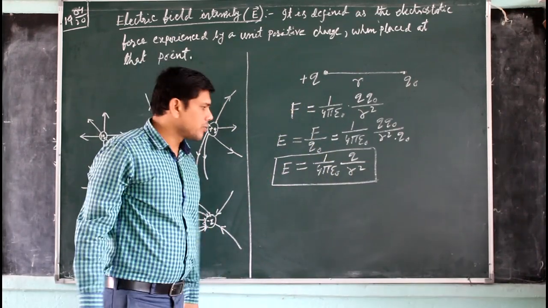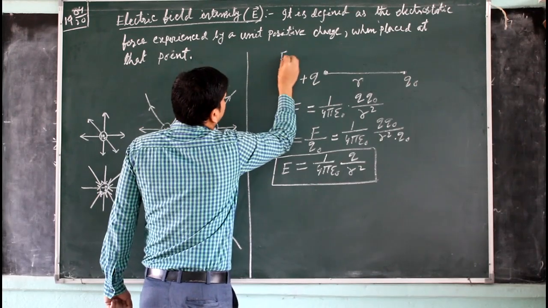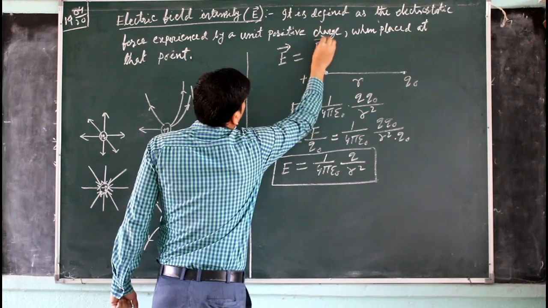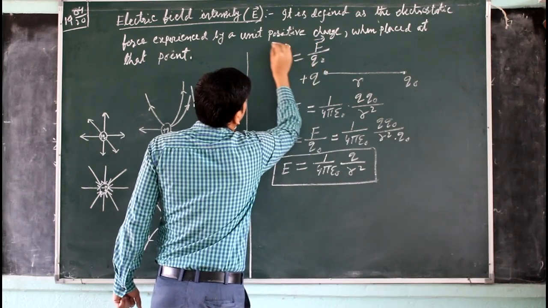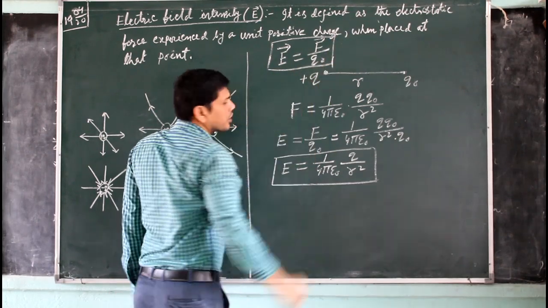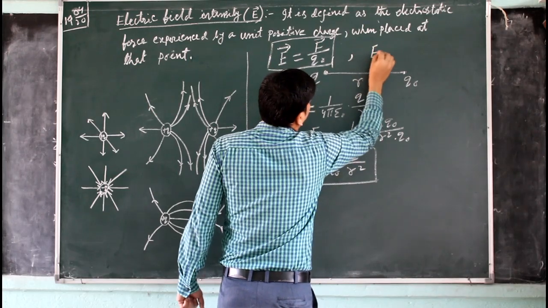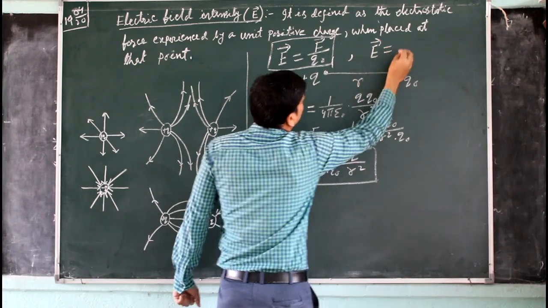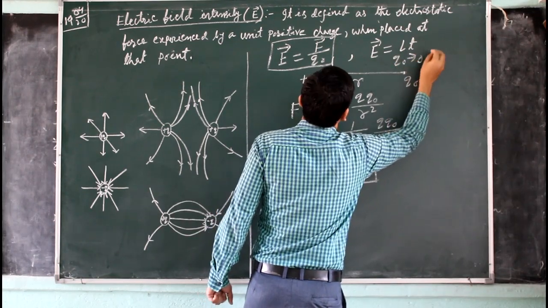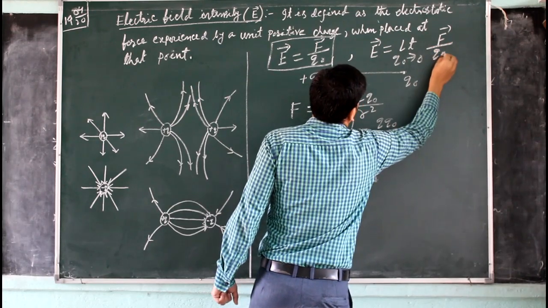In simple form, we can write vector E, the electric field, equals vector F by Q naught. This is the mathematical form to find an electric field. Specifically, we can also write vector E equals limit Q naught tends to 0 of vector F by Q naught.